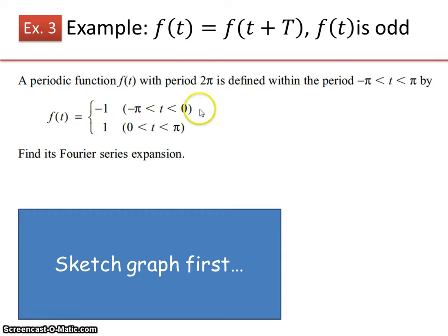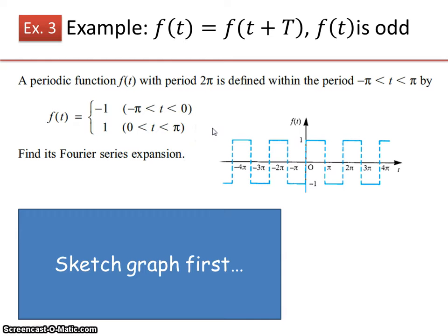Based on this definition of f(t), we can start to sketch the graph like this, where f(t) equals minus 1 for t from minus pi to 0, and for t from 0 to pi, f(t) equals 1.